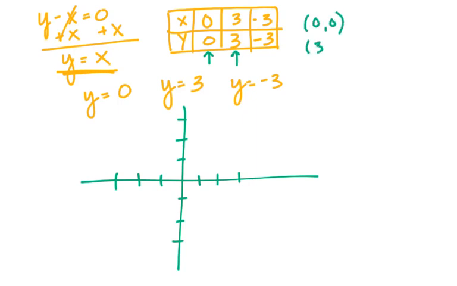The second point will be (3, 3). And the third point will be (-3, -3). I'll do them in a different color here so you can see. So here's the point (0, 0), the point (3, 3) up here, and the point (-3, -3) is down here.